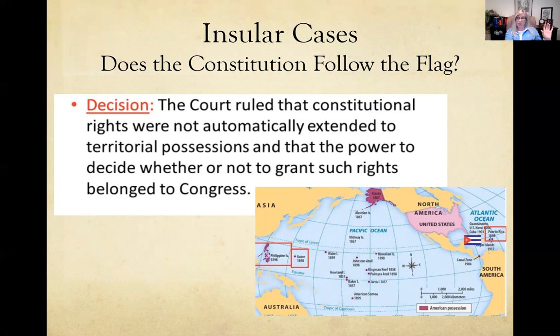Remember that Northwest Territory, the Northwest Ordinance and the Land Ordinance of 1785? That was a congressional plan that once a certain population was reached, then they could have their own local legislature, and then they could apply to become a state, and the application goes to the Congress, and then they approve it or deny it as such.